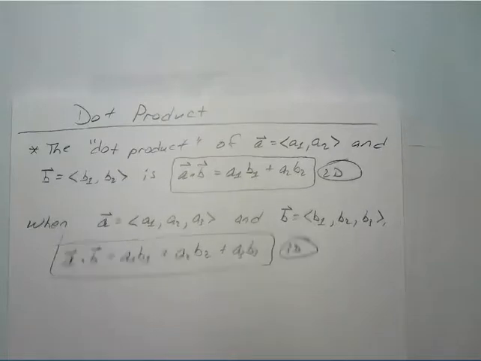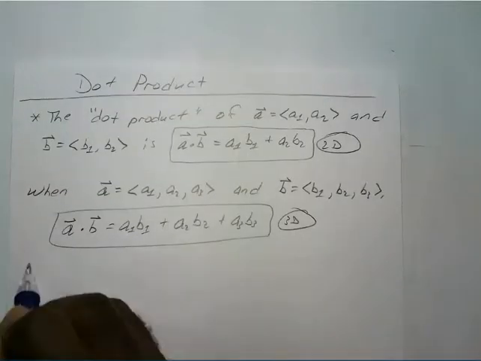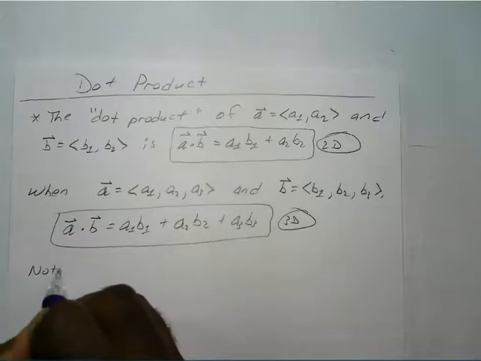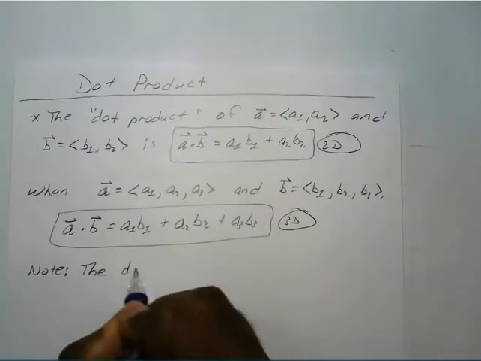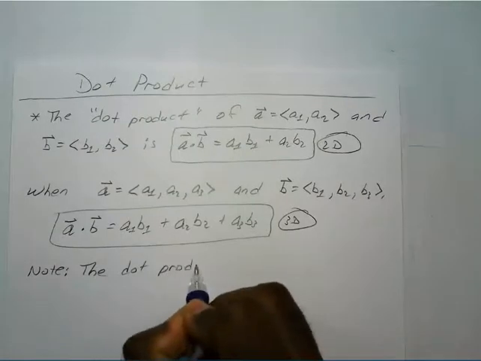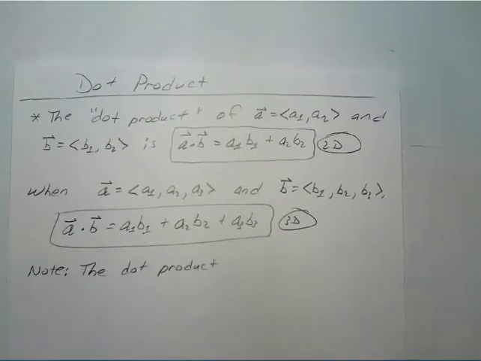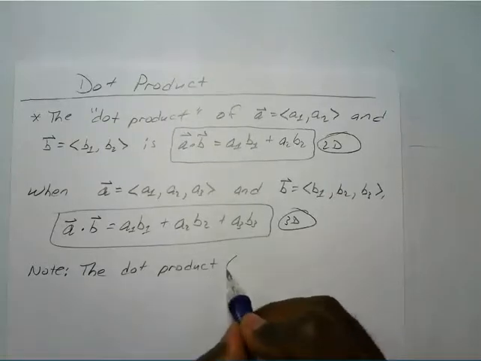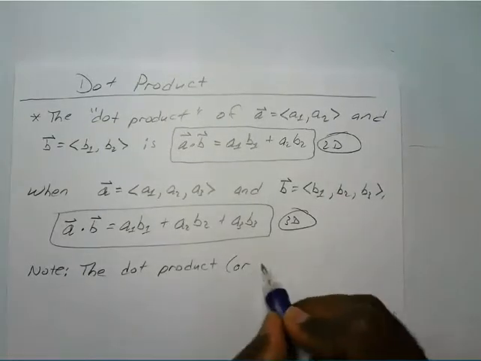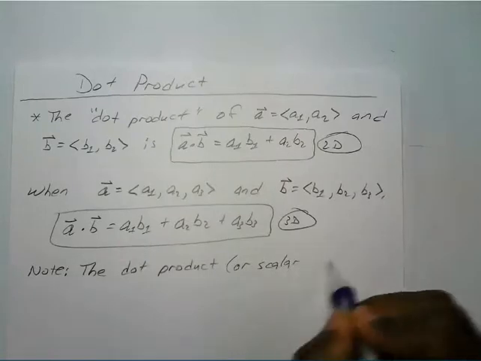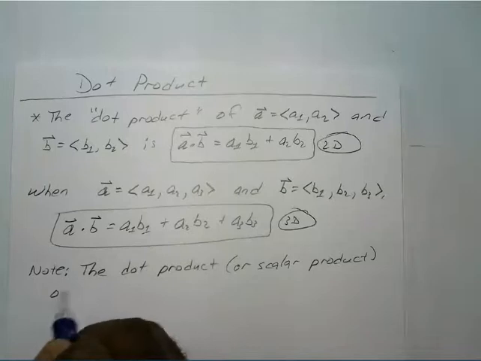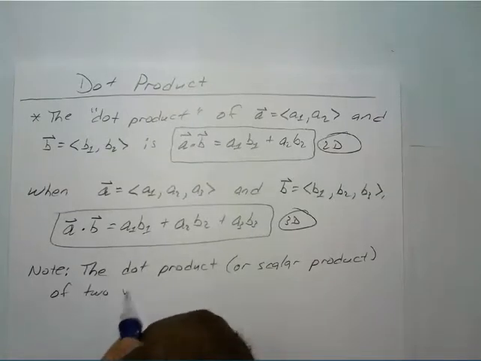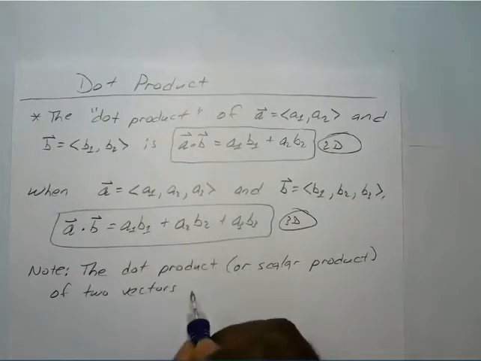Now, if you notice, the dot product, or in some textbooks, not many, but in some, they will call it the scalar product, of two vectors will result in a scalar.